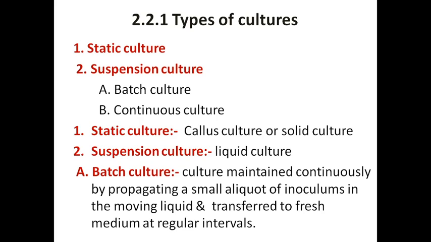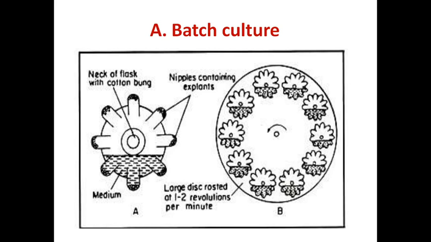When the cell number in a suspension culture is plotted against the time of incubation, students remember that a growth curve is obtained. This is regarding the batch culture. See, this is the neck of the flask. It is a special type of flask called the Erlenmeyer flask, with a special design.